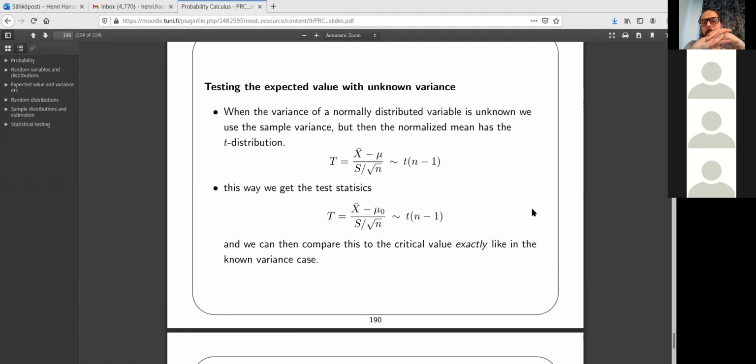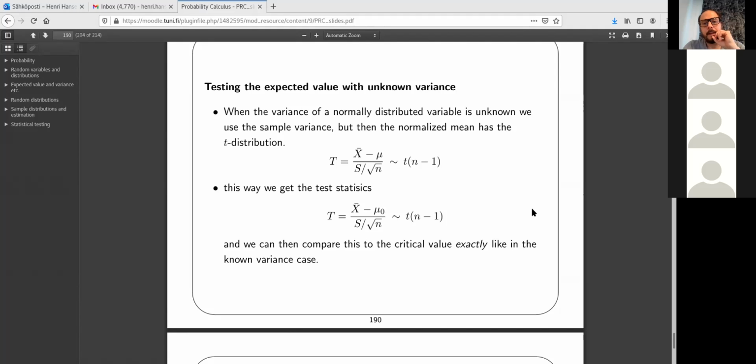This is exactly the same formula you'd have for the Z statistic. I like to talk about the T statistic and Z statistic. The Z meaning that it's the normal distribution with known variance, and T meaning using the sample variance. And now this T statistic follows the T distribution with n-1 degrees of freedom.